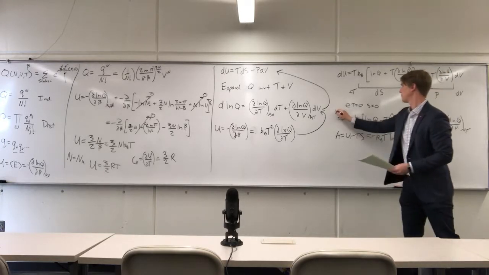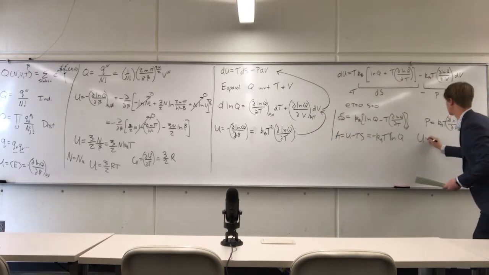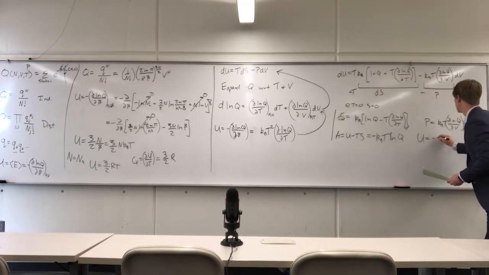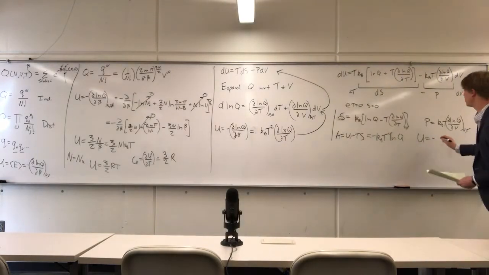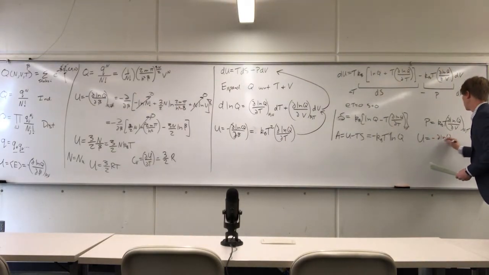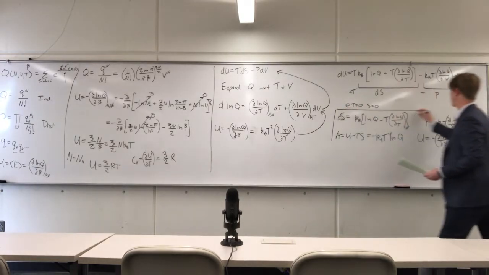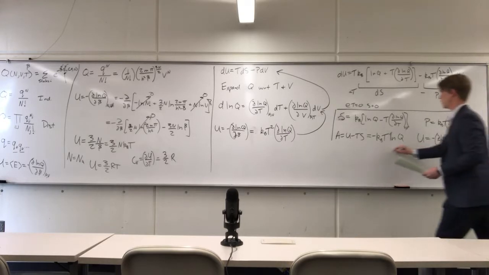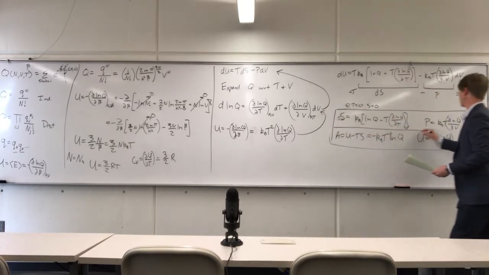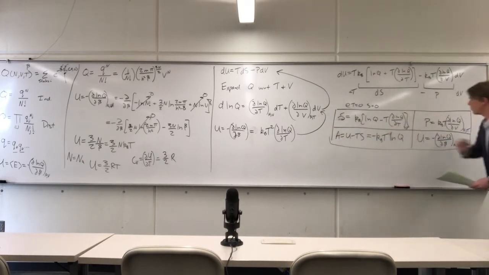All right, let me just add in internal energy here. Oh yeah, minus d. And we have basically a pretty complete collection of macroscopic thermodynamic variables from the canonical partition function.